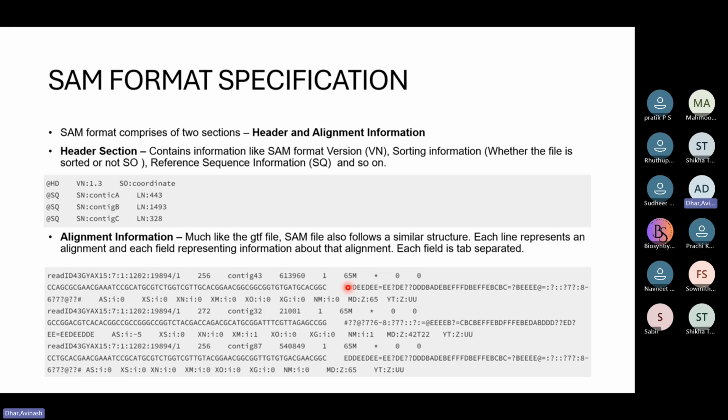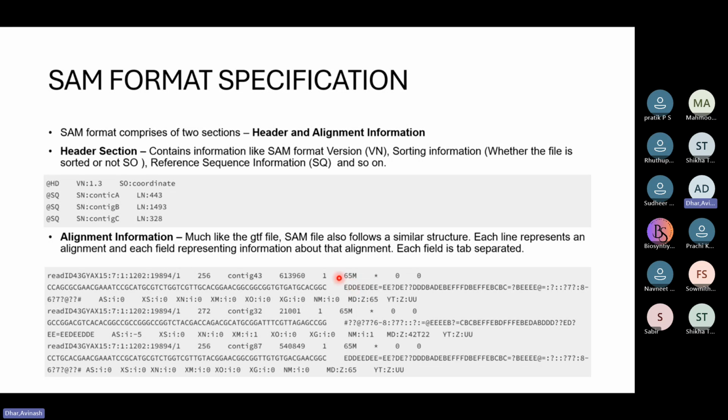That's the full form of cigar. It is a sequence of numbers and letters that indicate the continuity or discontinuities that you will find in alignment. Each character used in a cigar string means something. M is for match, X is for mismatch, I is for insertion, D is for deletion.